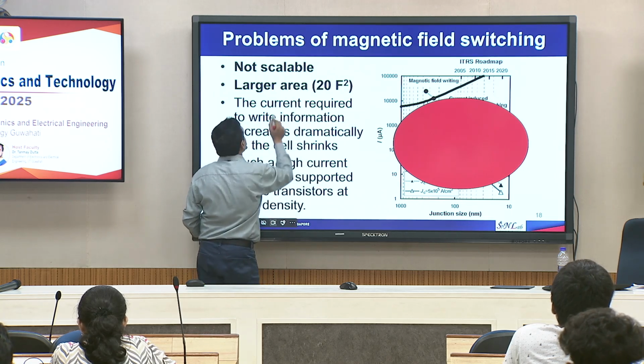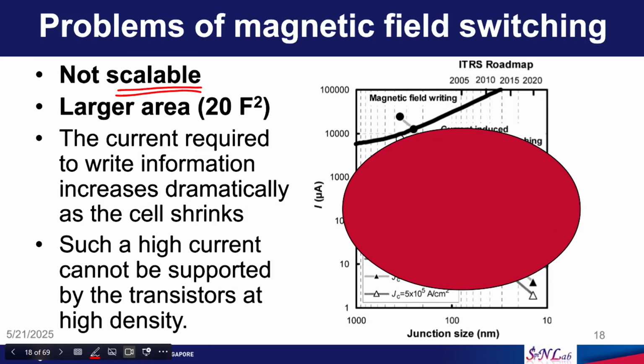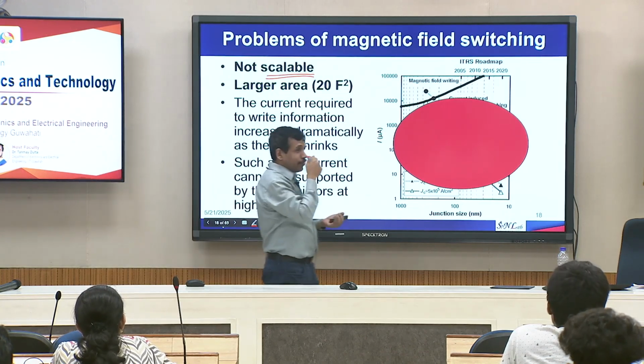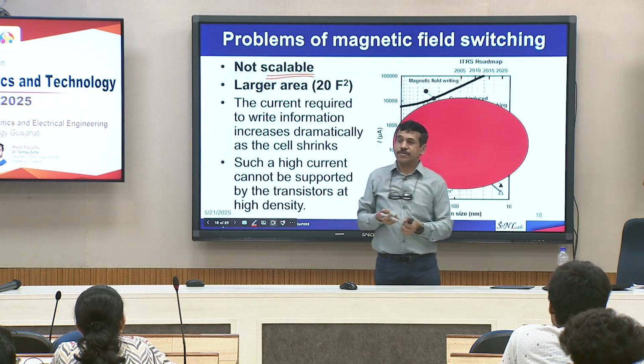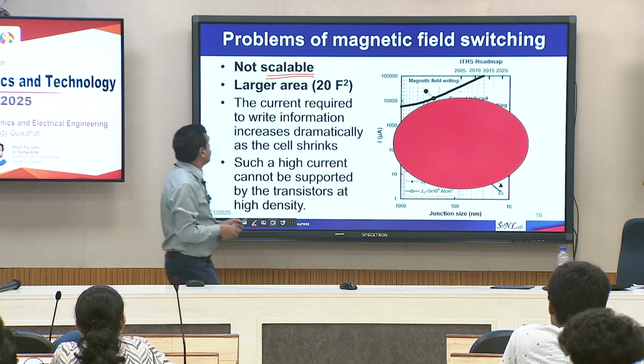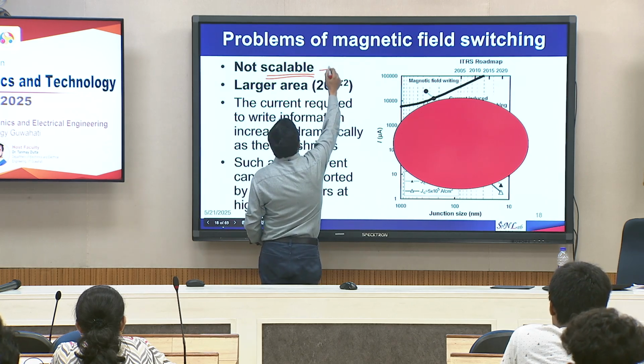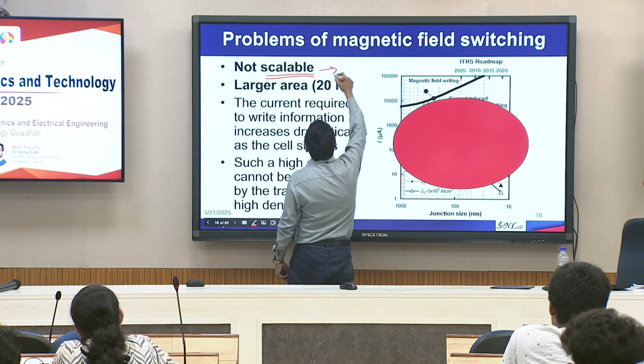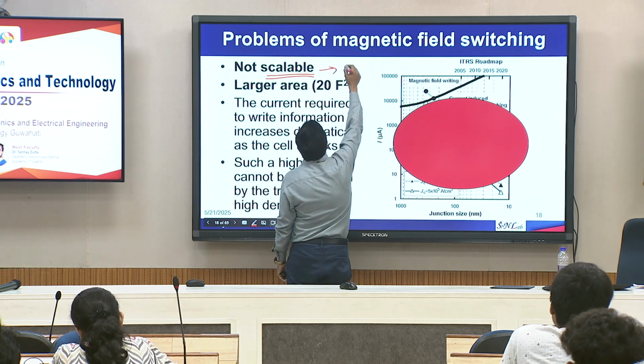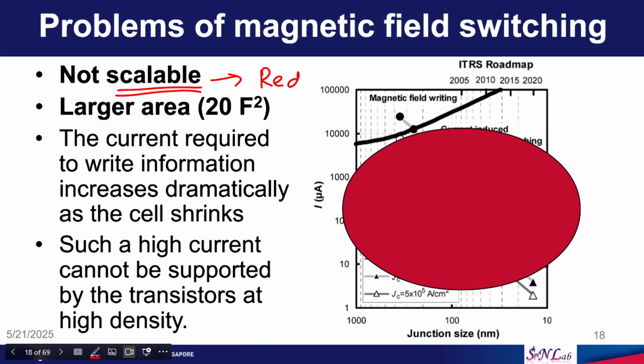We have used the word scaling before. Anyone remembers what is scaling? Yeah, so reducing the bit size, reducing the bit width, bit length or bit width. Scaling is basically, in semiconductor or magnetic recording technology, when we talk about scaling, we are talking about reducing the area occupied by one bit.